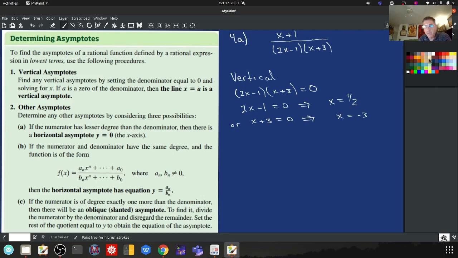So the conclusion is there are 2 vertical asymptotes, and the equations of those 2 vertical lines are x is equal to 1/2 and x is equal to minus 3.